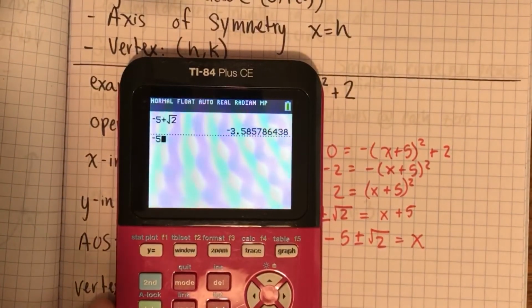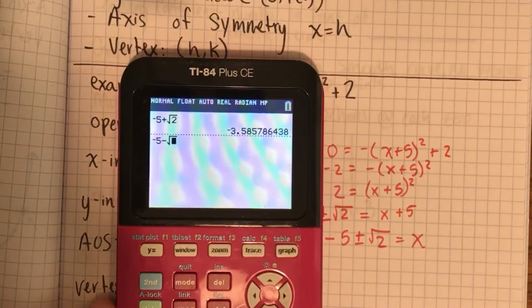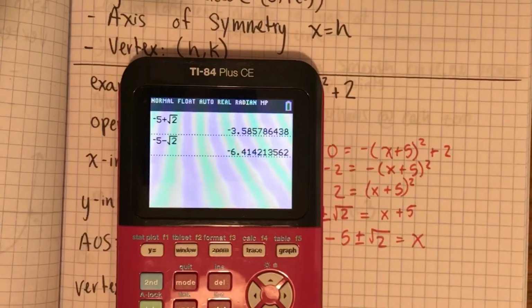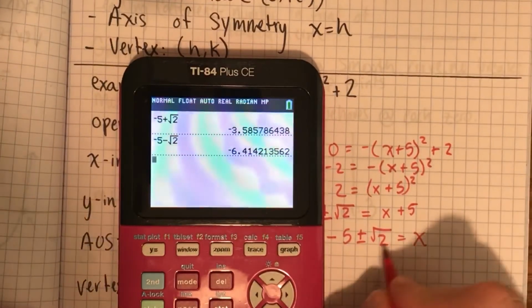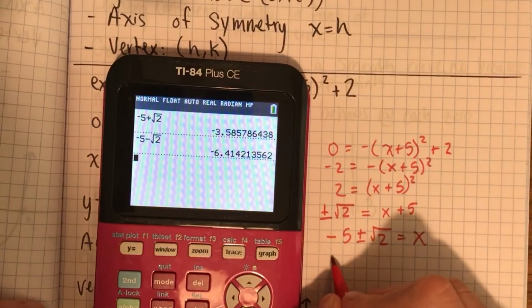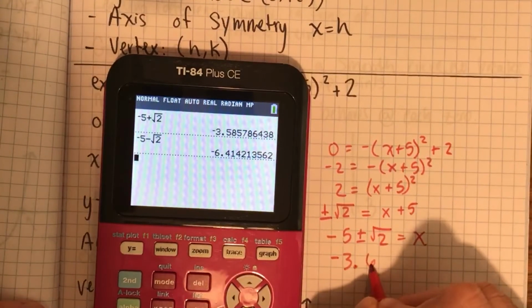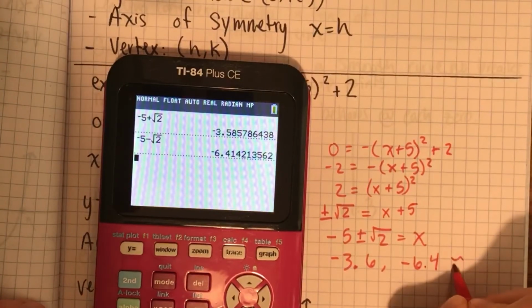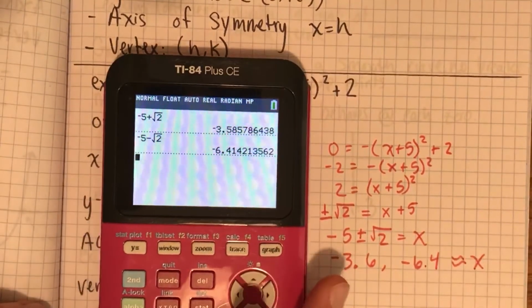And then if we found our other 0, it'd be at negative 6.4. Okay, so this is our exact answer with that square root, and here our approximate answers would be negative 3.6 and negative 6.4. That's what x would approximately equal.